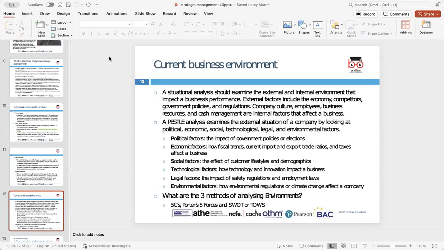Technological factors assess how innovation and advancements in technology impact businesses, while legal factors review relevant laws such as safety regulations and employment standards. And finally, environmental factors examine the influence of climate change and environmental regulations on business opportunities.